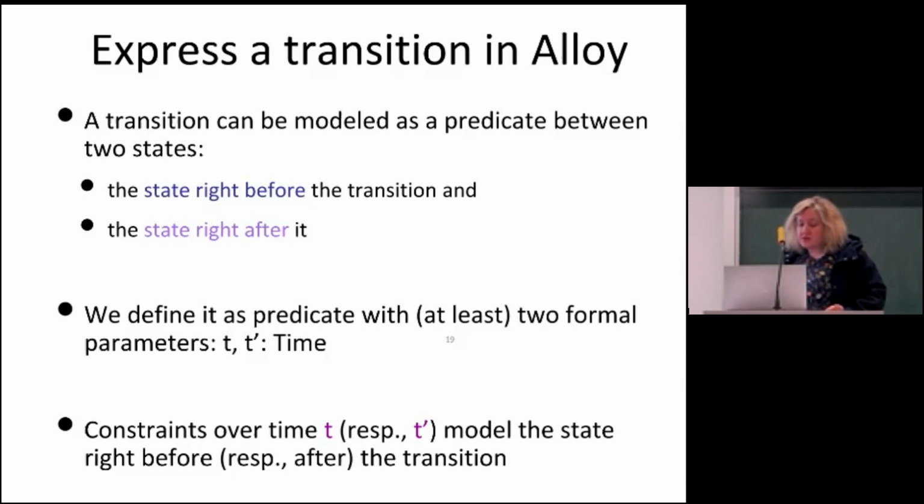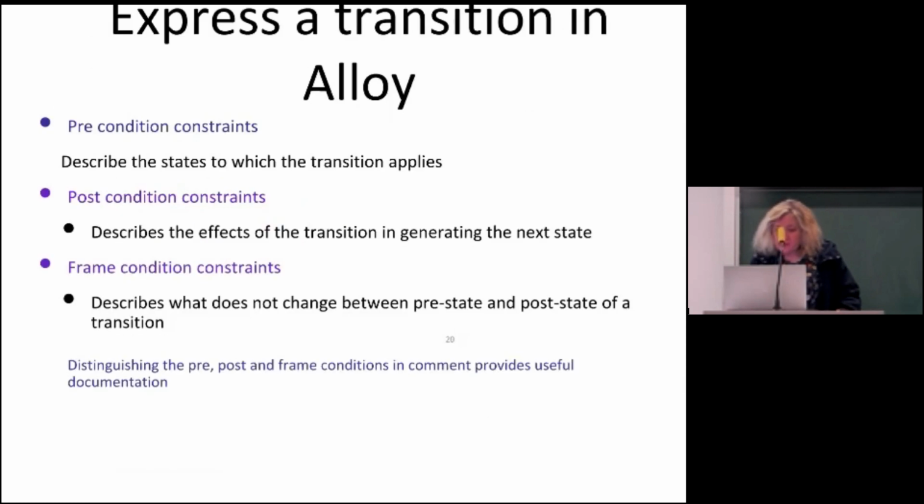So in order for us to be able to express that, we need two variables, one for right before and one right after the transition. And then if you want to have realism constraints or properties that will realistically express what is happening, then your predicates will also have t and t prime to express what happened over time.